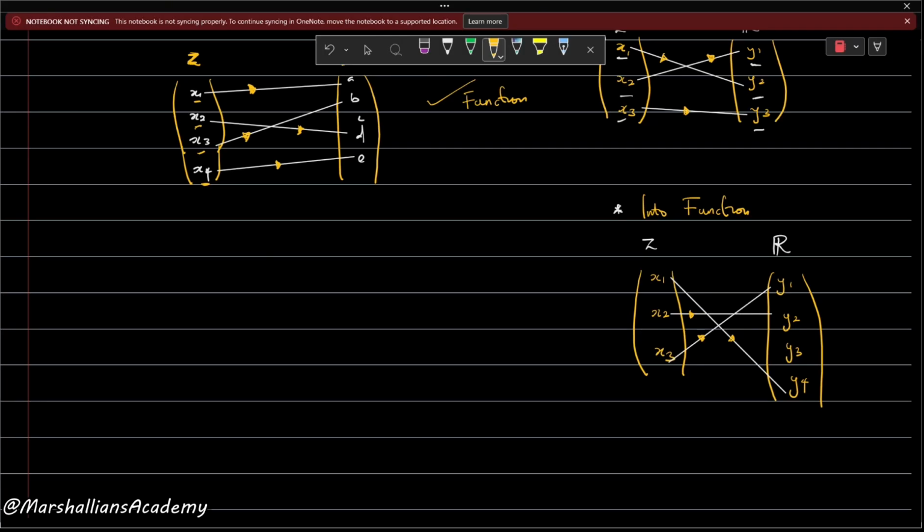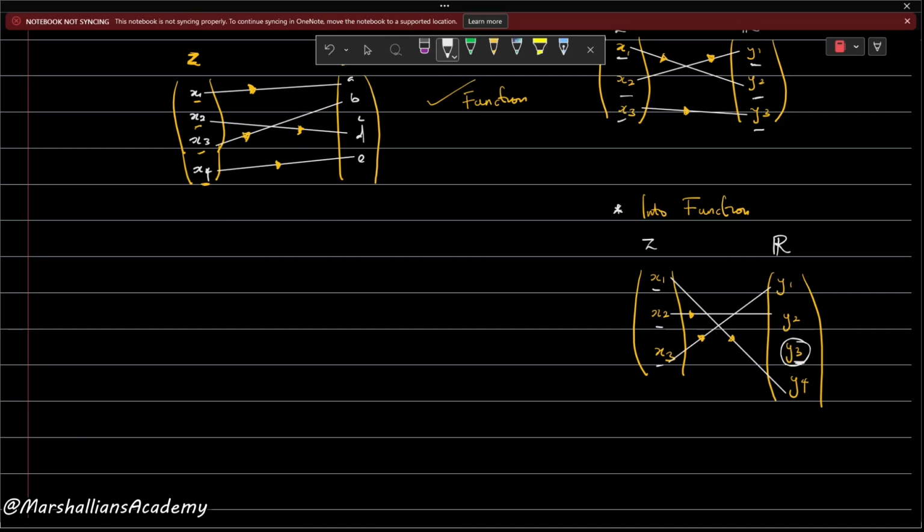All the elements of my domain, which is x1, x2, and x3, they all have an image. Look at it. But there is still at least one element of my range, of my codomain, that doesn't have any pre-image. That is why this function is said to be an into function. Does that make sense?